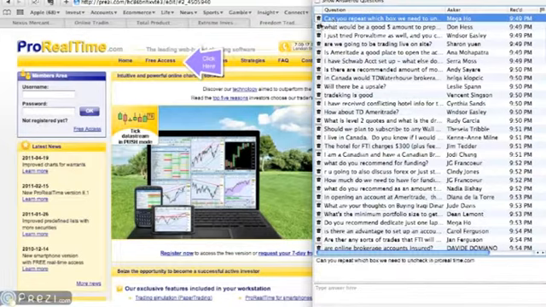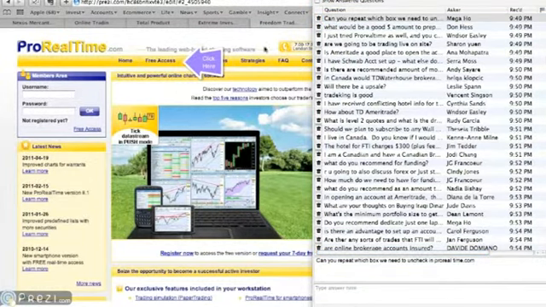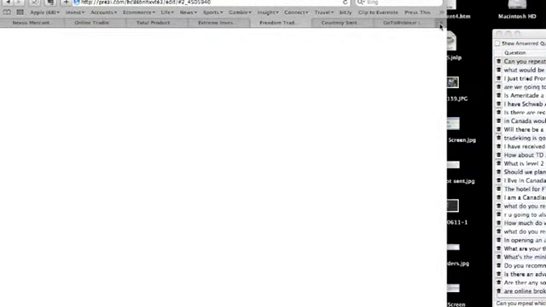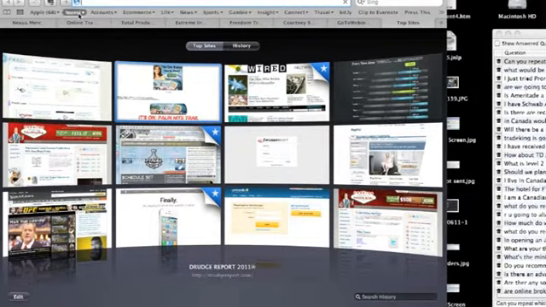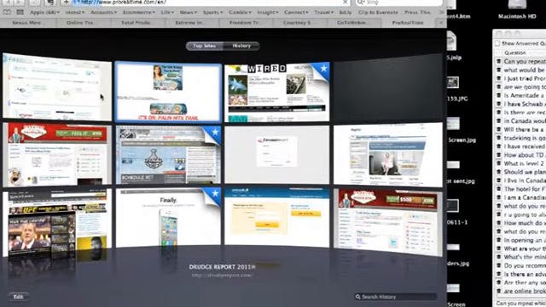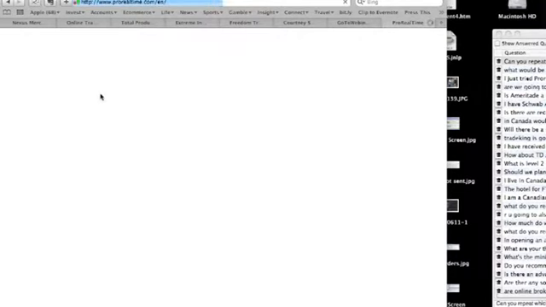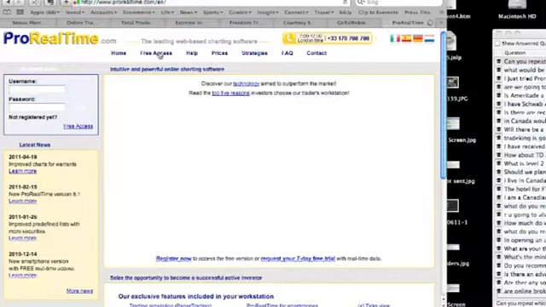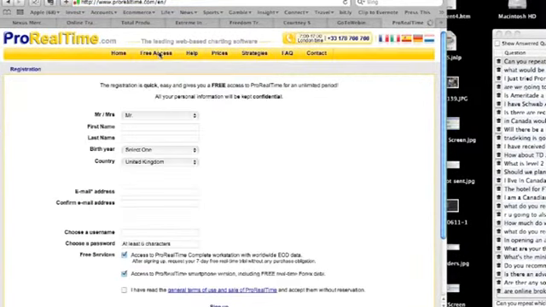The box to uncheck is the one that says, give me the free... Here, I'll tell you what, we'll go to Pro Real Time and I'll show you what I'm talking about. Let's go to Pro Real Time. When you hit on the free access, that's right here, you fill out this form.